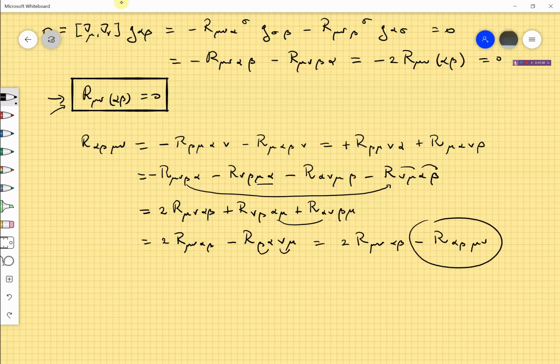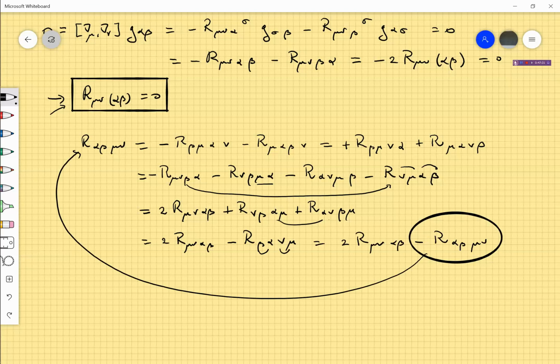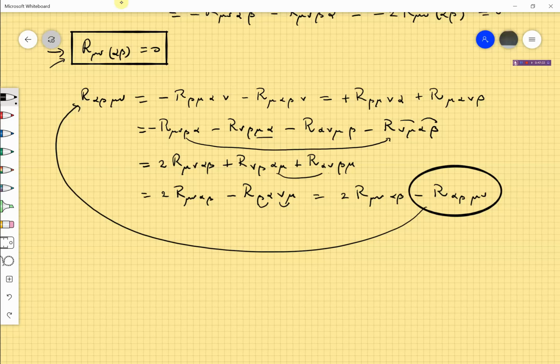I take this term to the left hand side and I get 2 times R alpha beta mu nu equal to 2 times R mu nu alpha beta. The factors of 2 go away, and what I get is an identity in which I have simultaneously interchanged the first pair of indices and the second pair of indices.